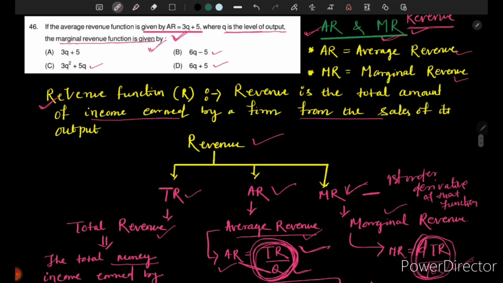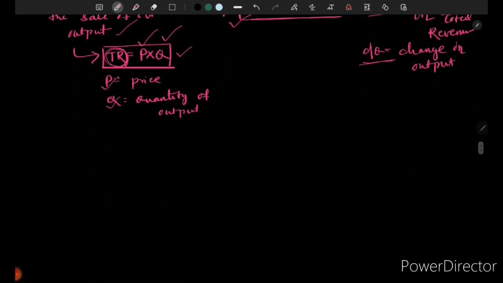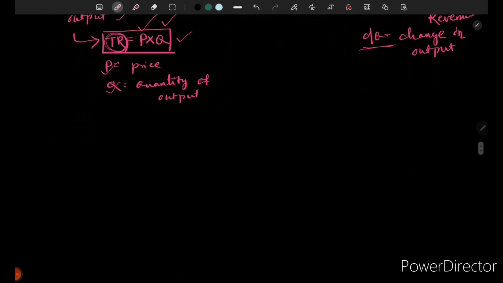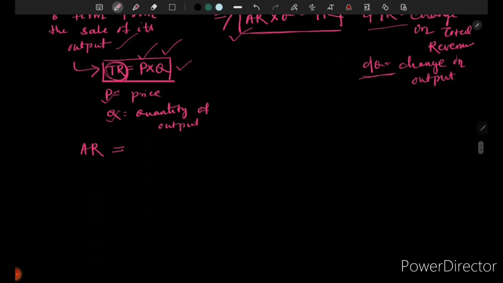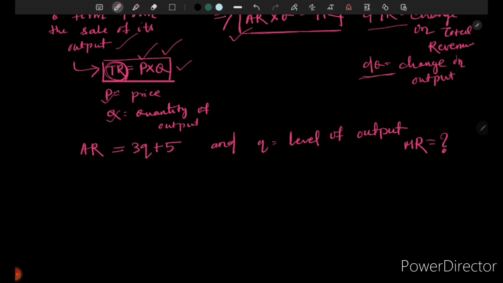Yes, AR equals 3Q plus 5, and Q equals the level of output, and we have to find the marginal revenue function.